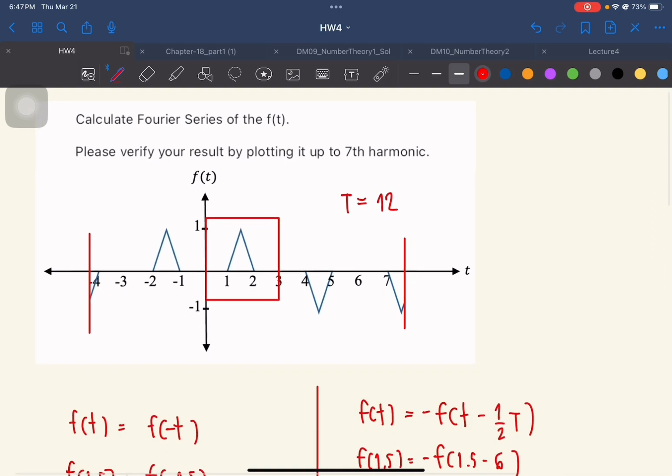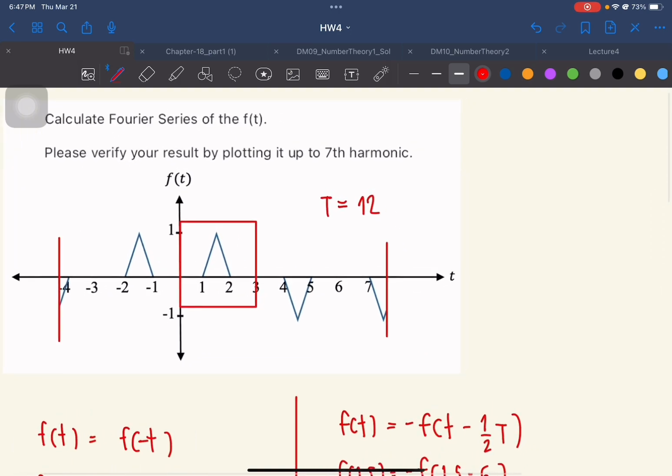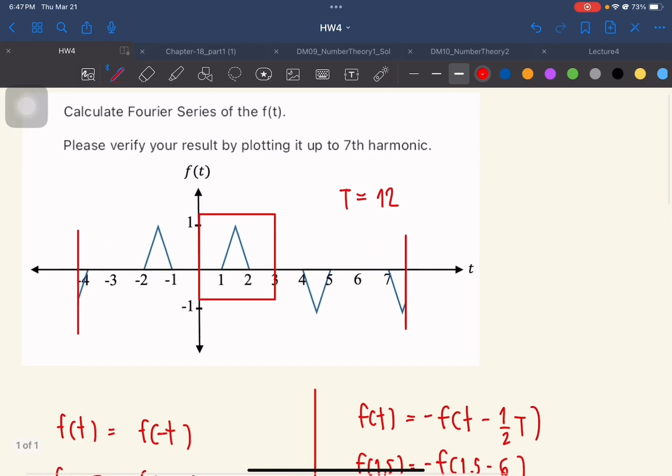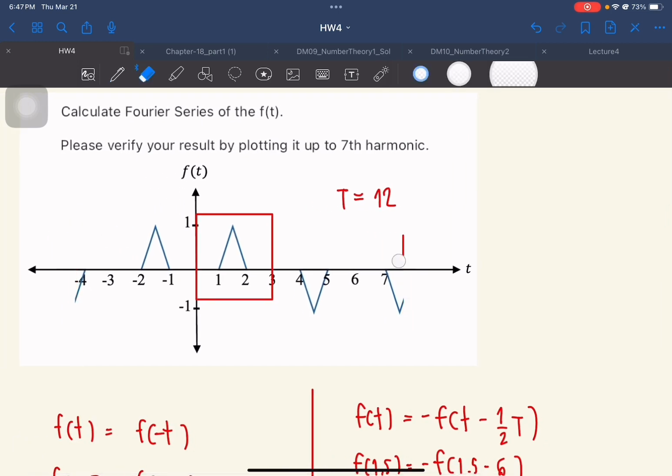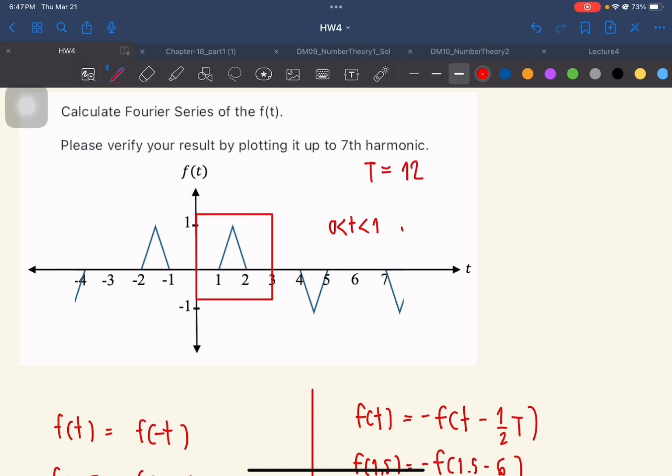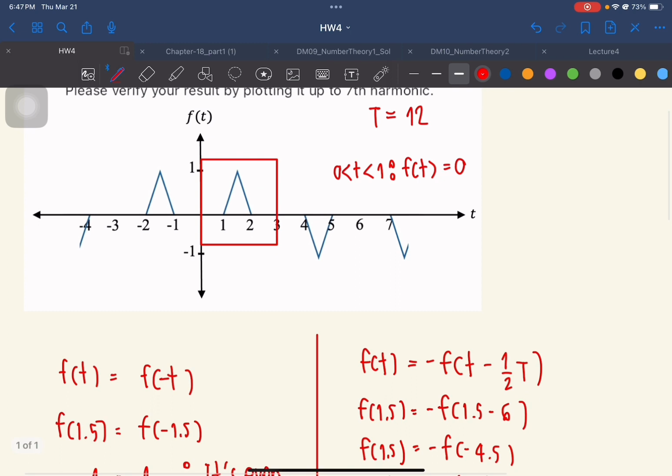Okay, we will see that during 0 to 1 our function is 0, and during 2 to 3 it is equal to 0 too.